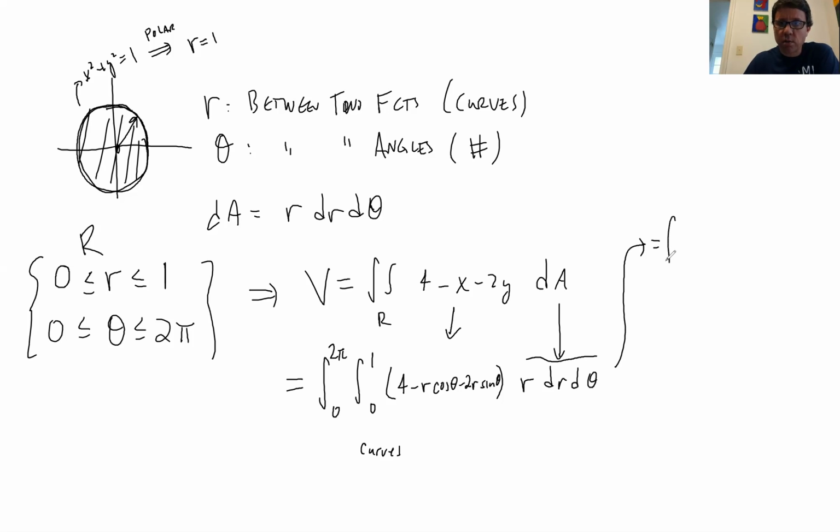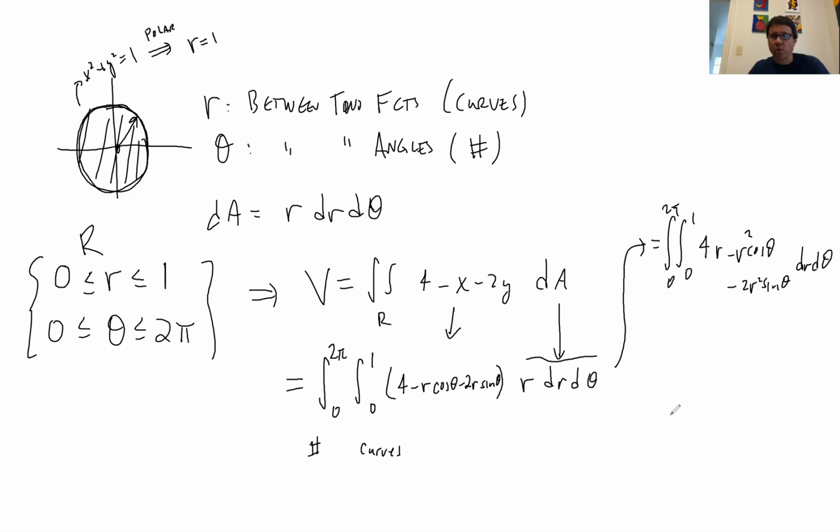So that's the setup. This is curves, and this is numbers on the outside. We probably should distribute the r through. We'll get the integral from 0 to 2 pi, 0 to 1 of 4r minus r squared cosine theta minus 2r squared sine theta, dr d theta.